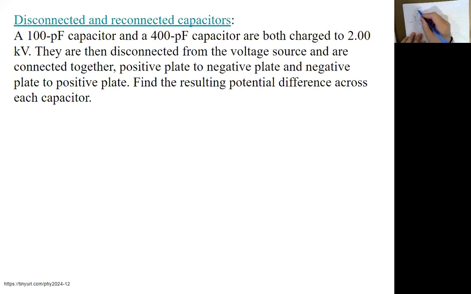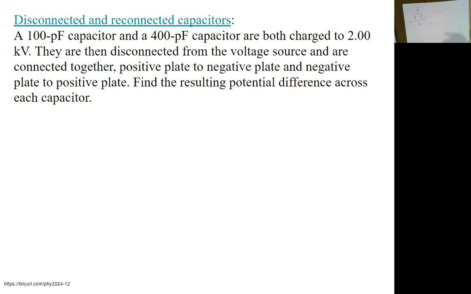I'm going to just put positive there, negative here. So they are connected to the power supply of 2 kilovolts. Then next, what happens is you disconnect them from the voltage source.